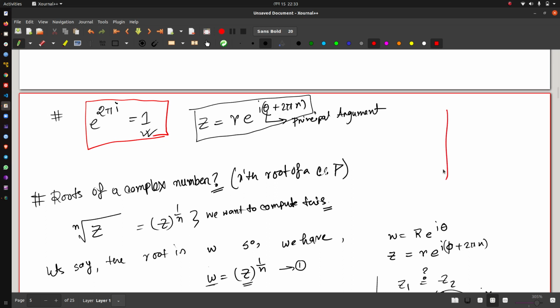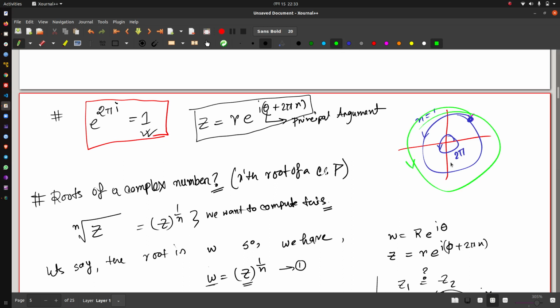Why? Because again, if you have a complex number over here, you make some rotations. Let's say you're rotating for the first time, you obviously end up back here, and this is a rotation of 2 pi, right? And let's say then you decide to rotate again. So now you have rotated 4 pi, that means 2 times.